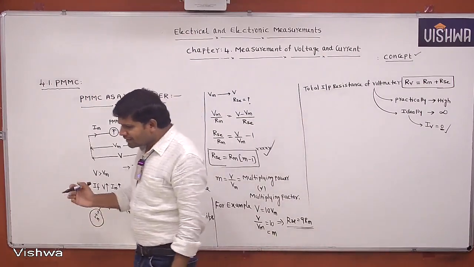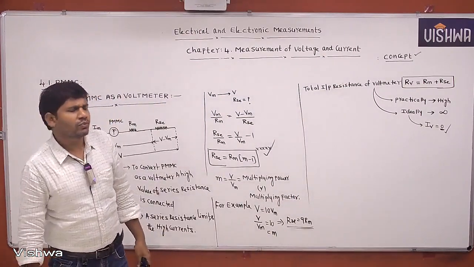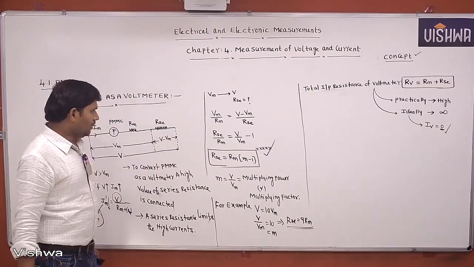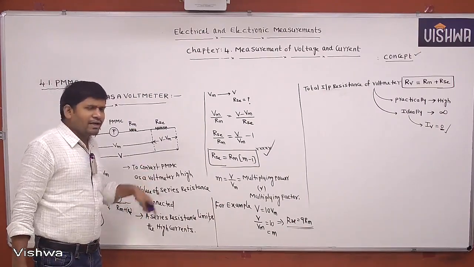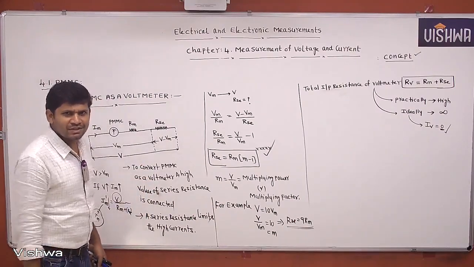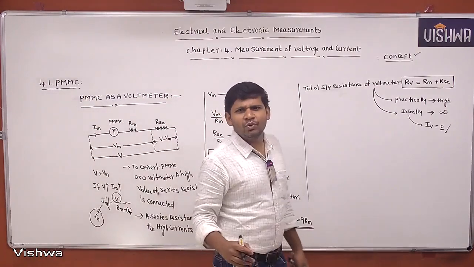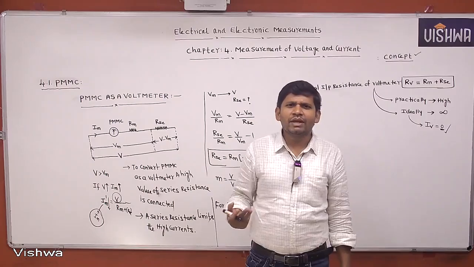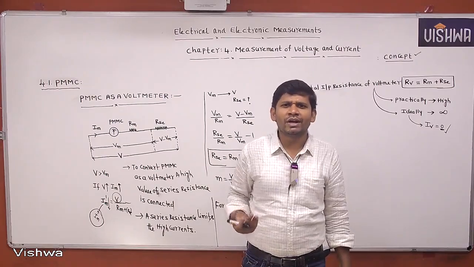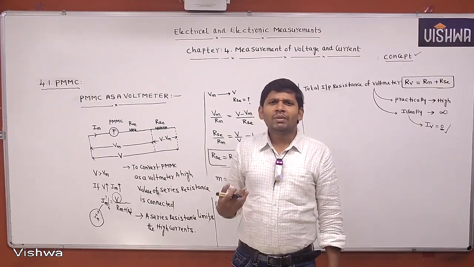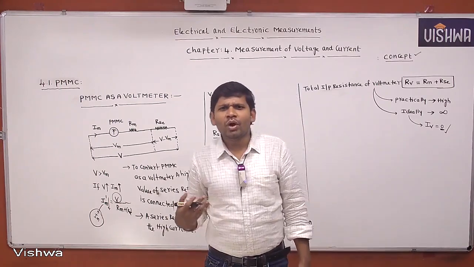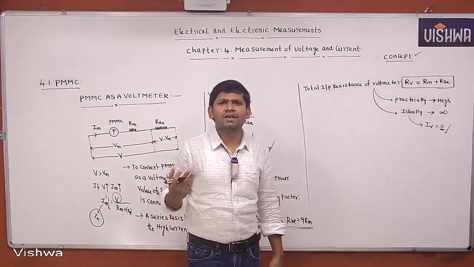But I want to extend this concept, important for competitive exams. Listen please. If you connect only one series resistance, then we can extend only one range. But by using the same meter, we want to measure different ranges of voltages.